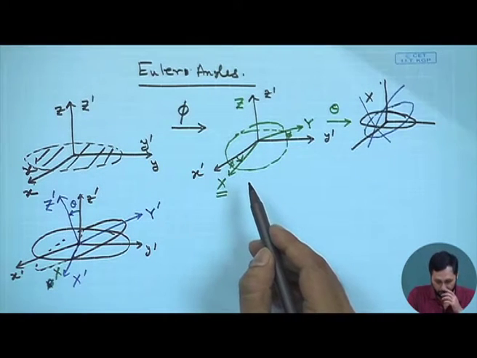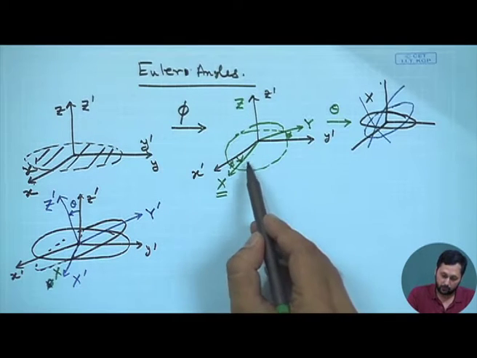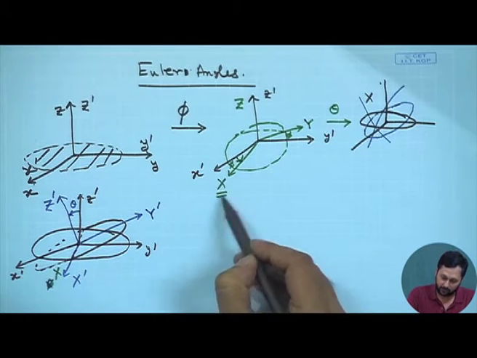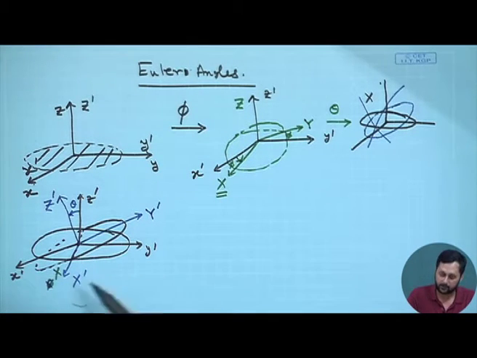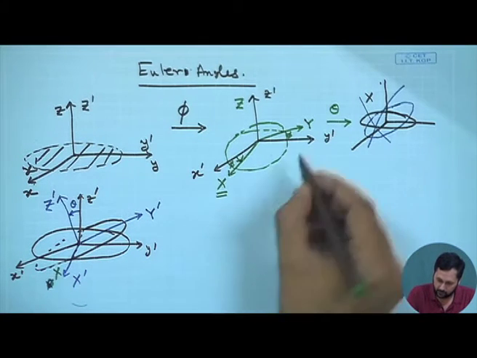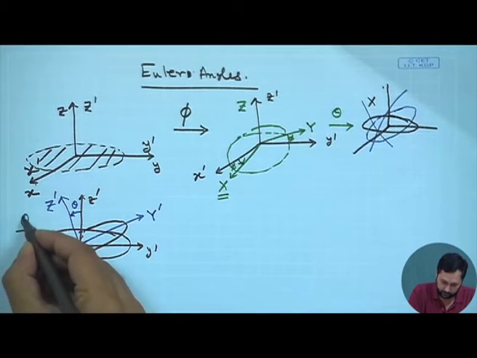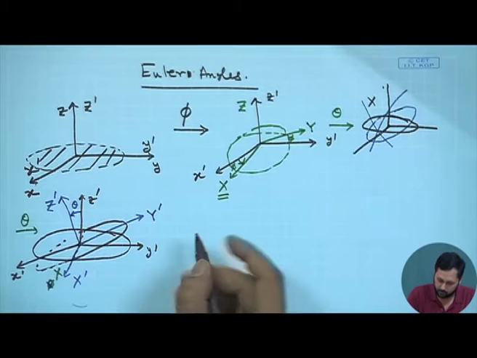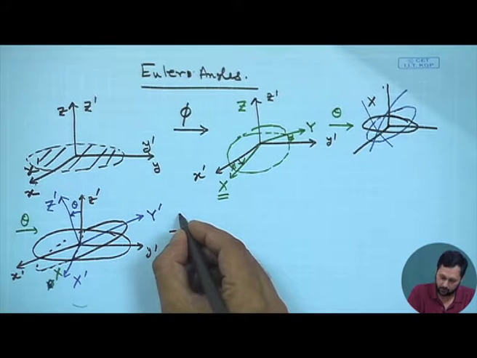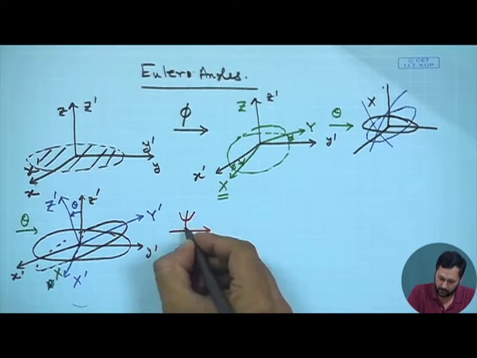Because the rotation is around this axis, it remains invariant, right? So we have this new set. This is the theta rotation, and lastly we will have something called the psi rotation.